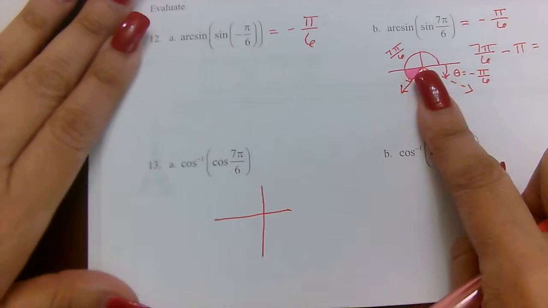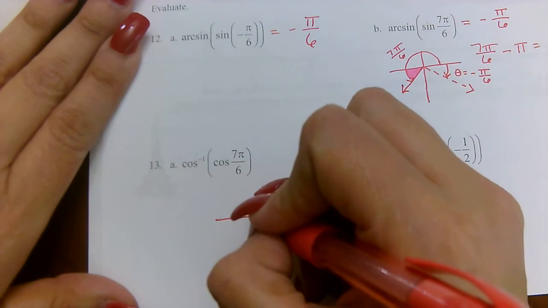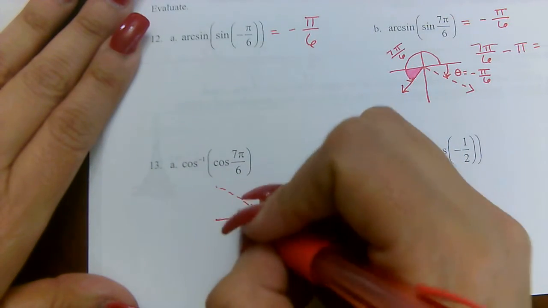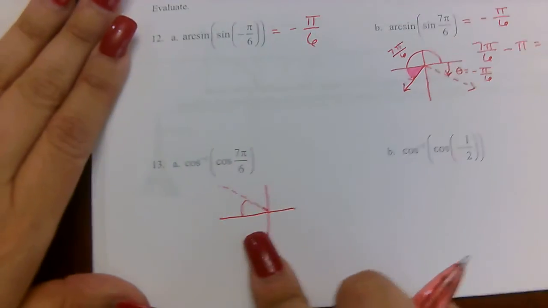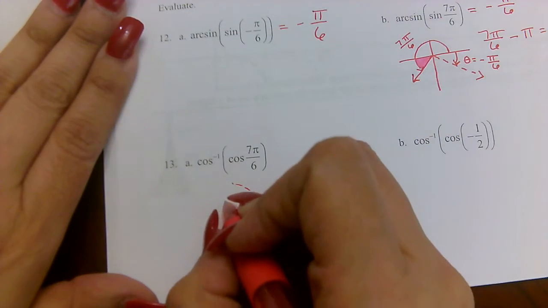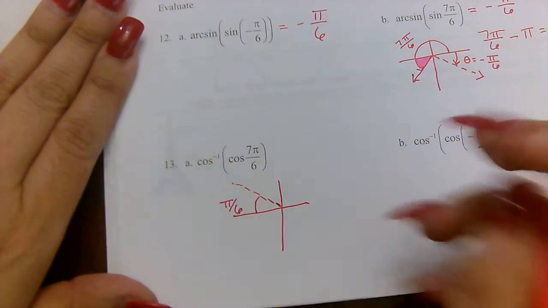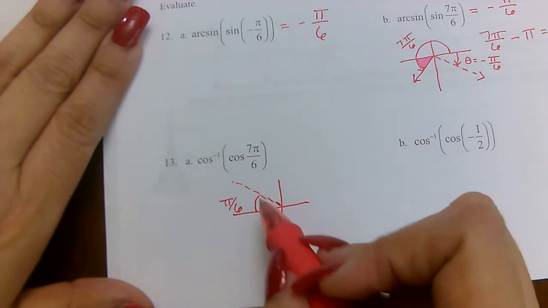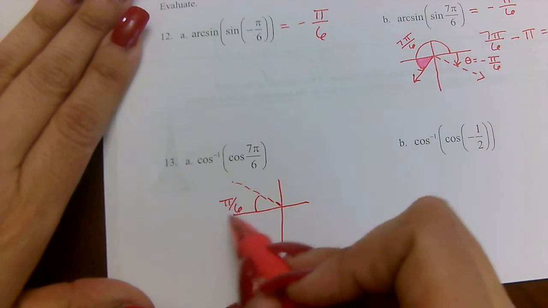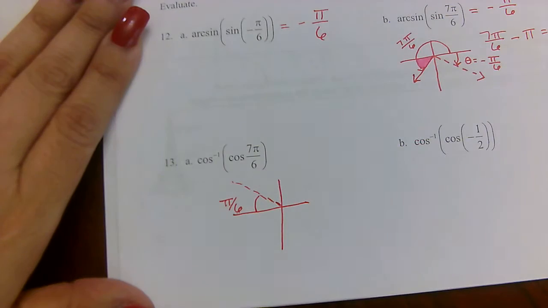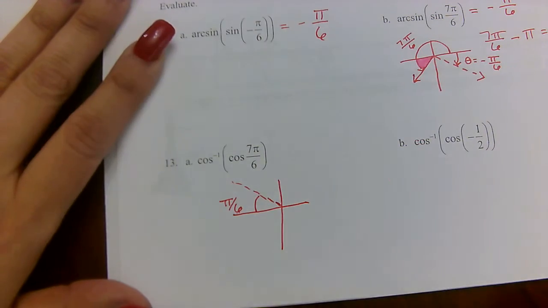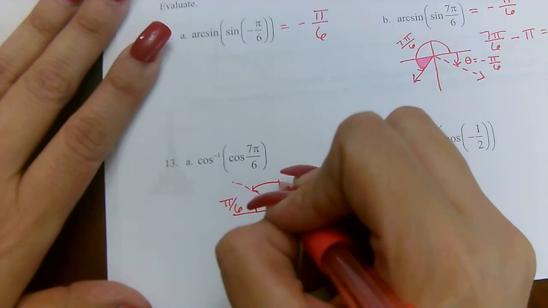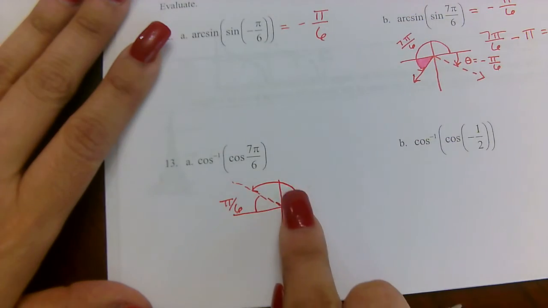That's the pink area, but we want to move it to quadrant 2. This theta right here should be pi over 6. Okay, but we don't want this angle because that would lead us to believe it's in quadrant 1. We want the angle right there, this entire angle.